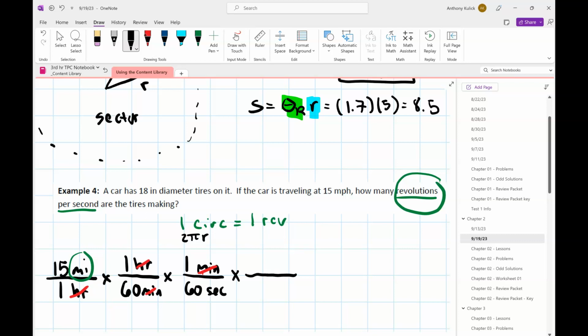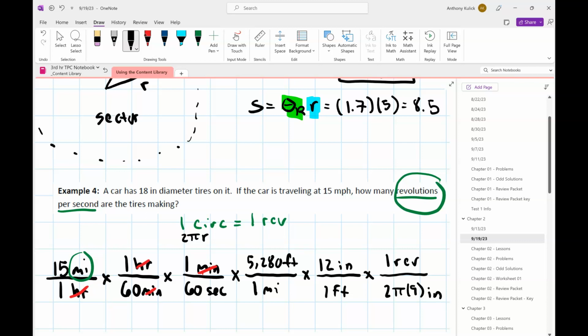Exactly. So I remember that 1 mile is 5,280 feet. And I remember 1 foot is 12 inches. And then I remember there are 2 pi times 9 inches in 1 revolution.